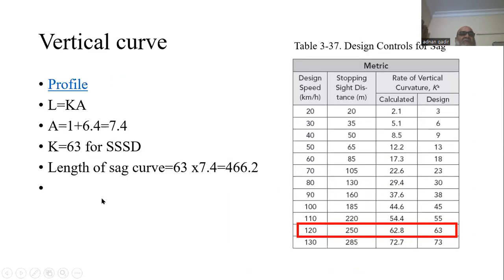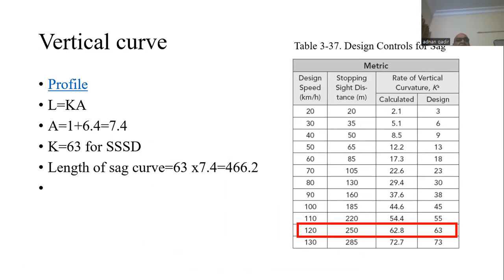Since we know there is a vertical curve, we would like to know the length of the curve. The length of curve is simply given by this formula, K times A. K is the value that is dependent upon the height of the driver, the height of the object, mainly sight distance, and obviously sight distance is dependent upon the speed.